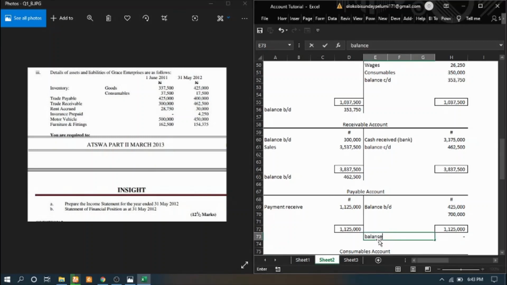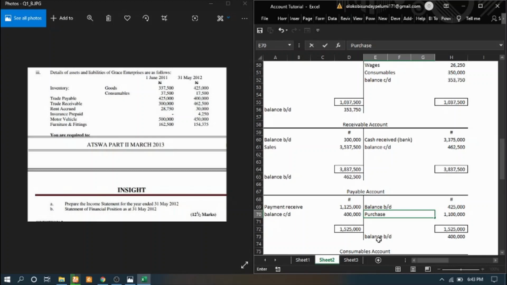I think you agree with me. You have a balance brought down here, and that is 400,000 naira, and it's going to have a balance carried down here, and that is 400,000 there. Alright, so what we have here is our purchases, the amount of goods we have bought on credit from them.